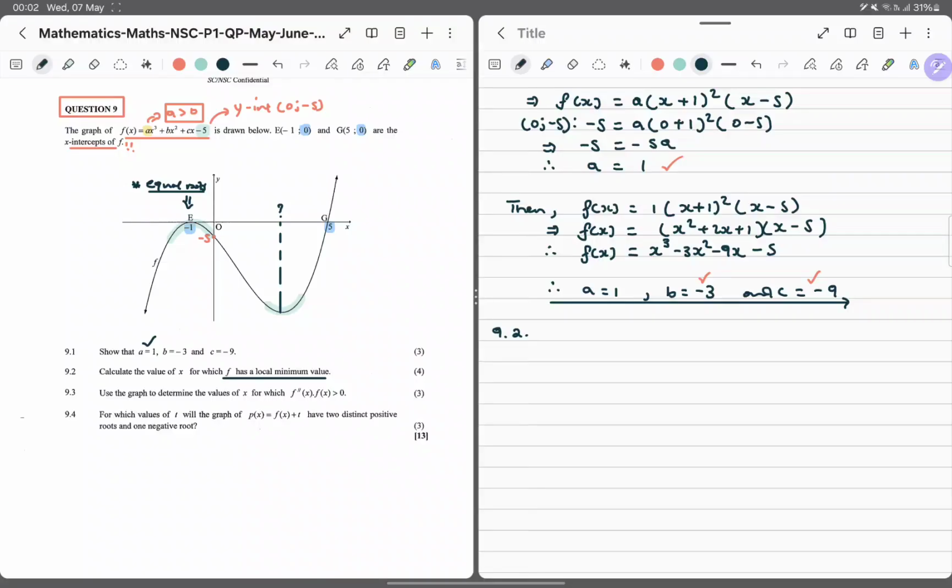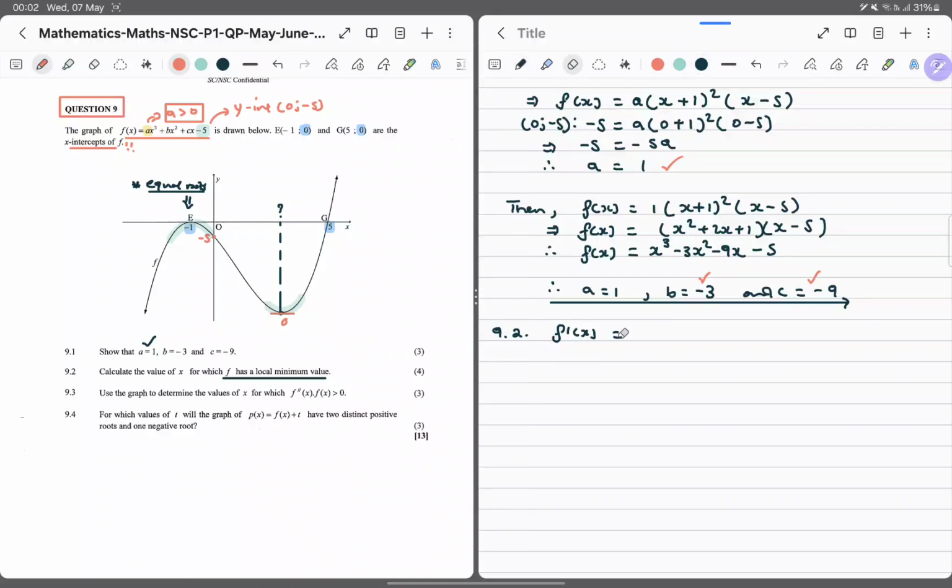But now we know that the x-coordinate at the turning point comes from the first derivative also being equal to 0, because we know that a tangent drawn at the turning point has a 0 gradient. Why? It's a horizontal line. So we're going to use that concept of differentiation. So we know that f prime x is 0.